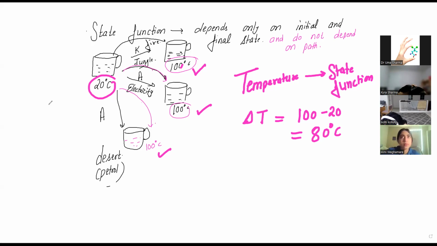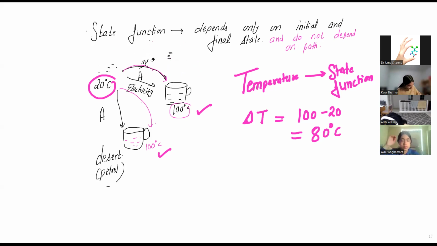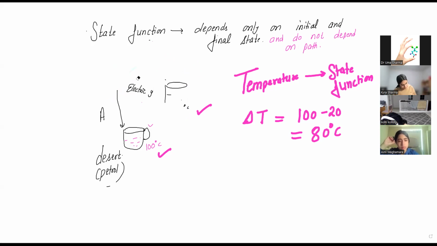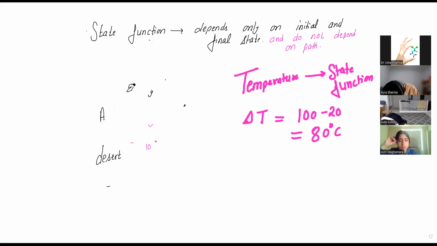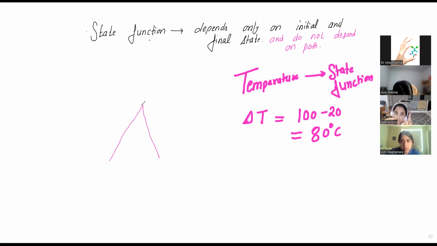I give you one more example here. Let's say there is a mountain and I'm asking you to go to the top of the mountain, and you have three different ways of going to the top.